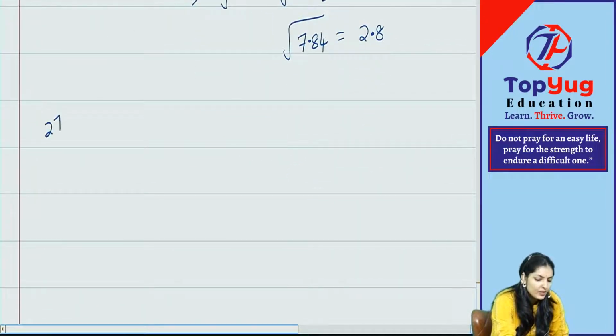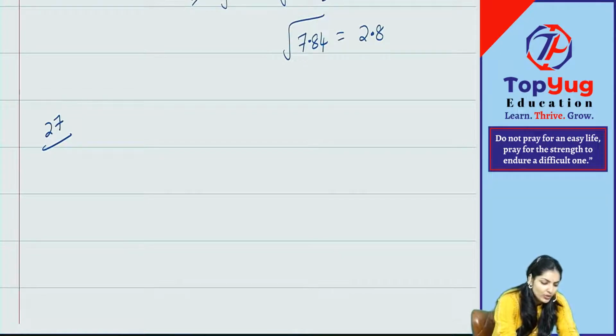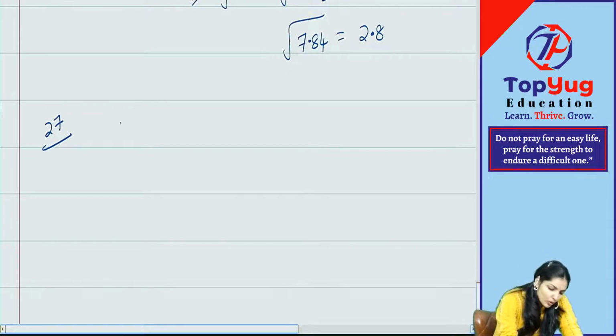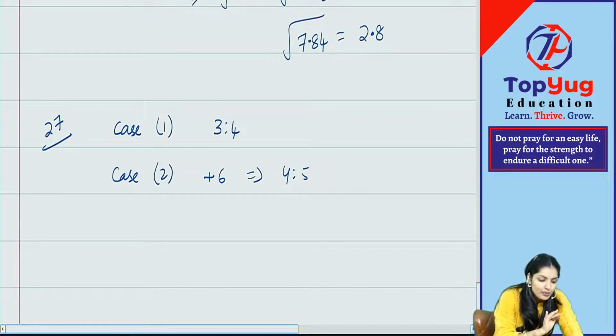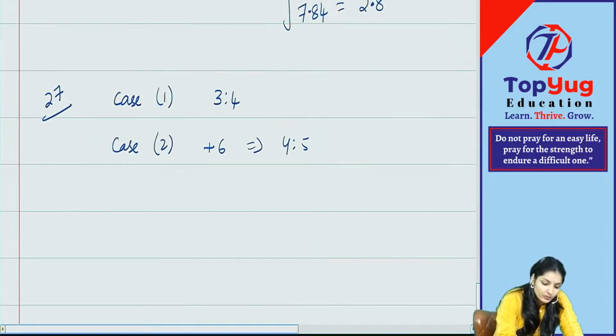So 27th one, the question here says two numbers are in the ratio 3:4. So option A, 14, 20, is it in the ratio 3:4? No. Case 1 is 3:4. Case 2 is you have to add 6 and then you will have the ratio 4:5. So option A wrong, option B wrong, option C is the right option.